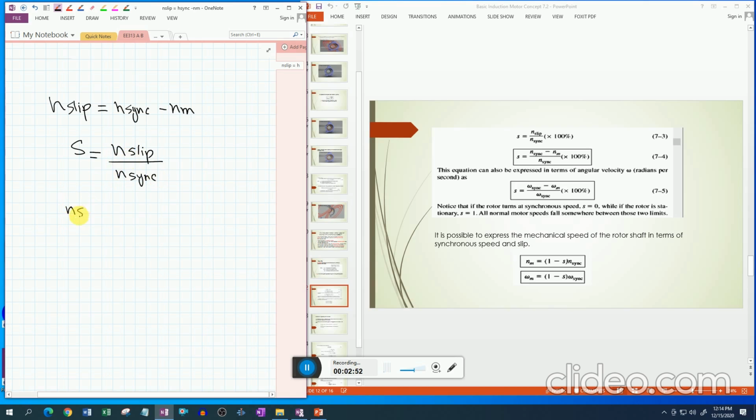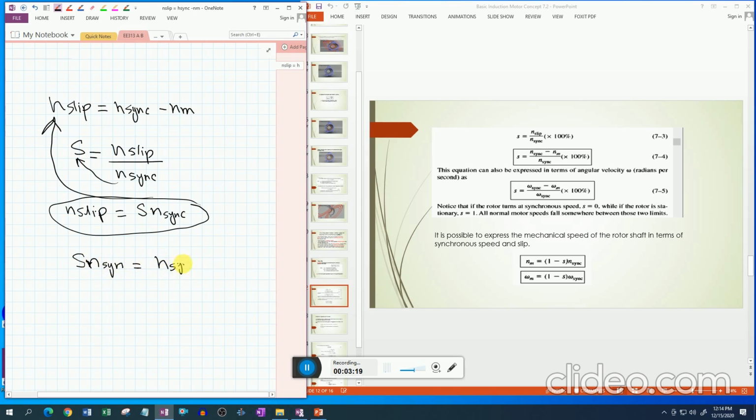From here, n slip is equal to s of n synchronous. This will go here, it will become like that, and putting this value in this equation, s n synchronous is equal to n synchronous minus nm, and here nm is equal to n synchronous minus s n synchronous.